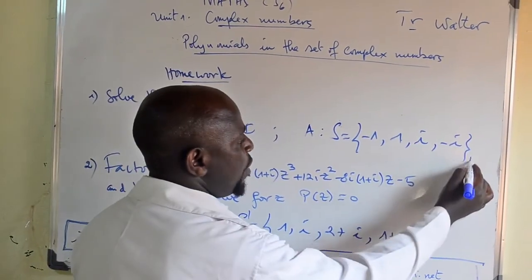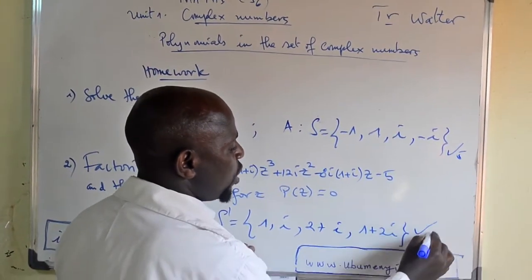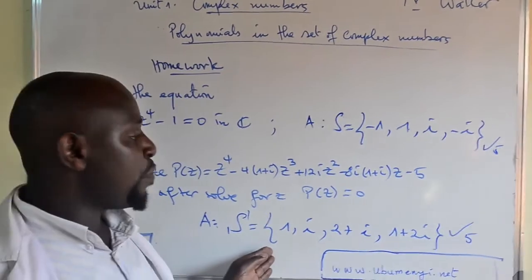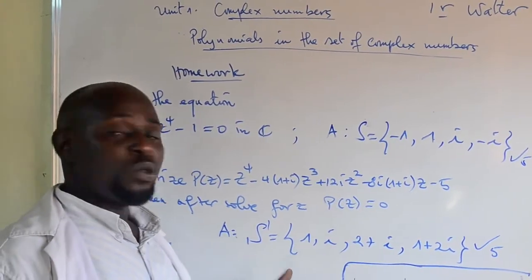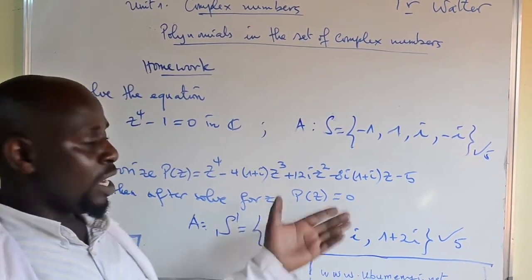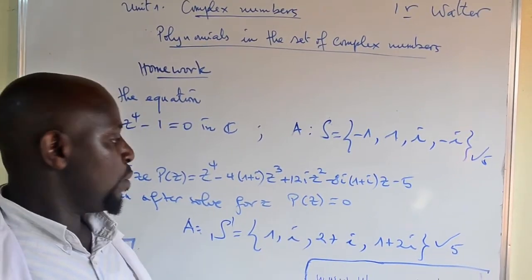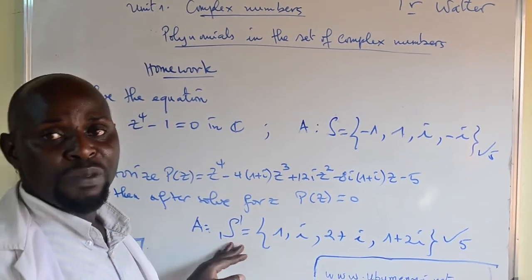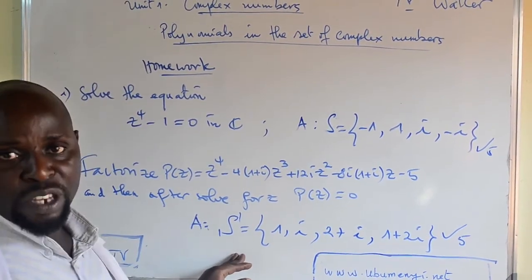Here you should tick and give yourself 5 marks, and here you should tick and give 5 marks to yourself. And if you get 7 out of 10, or more than 7 out of 10, or 10 out of 10, 9 out of 10, 8 out of 10, you should clap for yourself. You should have done a great job, and you should have understood this lesson.